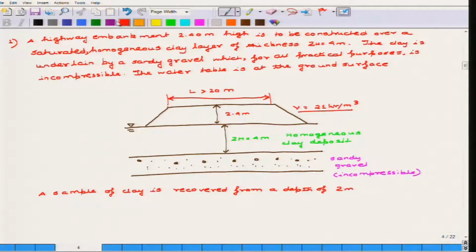So, this is the point from where the sample of clay is recovered, at a depth of 2 meter, and a consolidation test is performed.